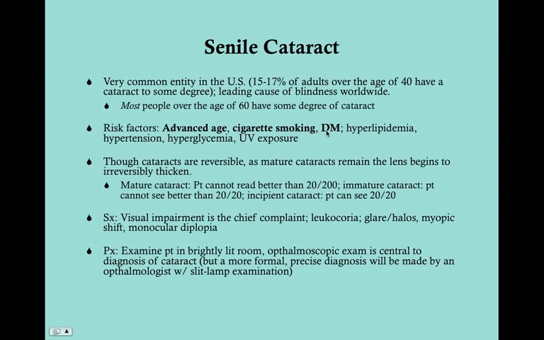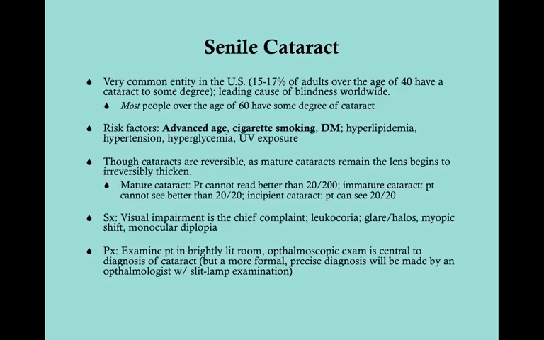Cigarette smoking and diabetes mellitus, though, are, to a certain degree, modifiable risk factors. So cigarette smoking is always a modifiable risk factor. You can always stop smoking. Diabetes mellitus, you can prevent it once it occurs, once you have diabetes mellitus type 2. There is a certain amount of damage that's been done, questionable whether you can totally reverse it.